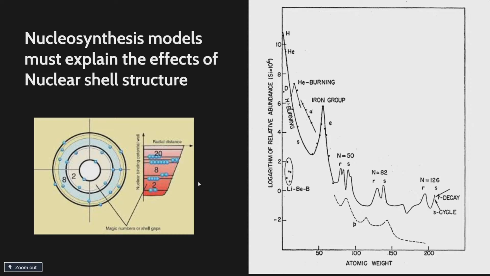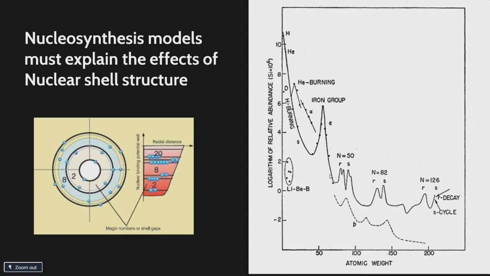That structure is caused by the fact that nuclei have shells, just like electrons have shells, which you might have studied in chemistry class. Closed shells are more stable than shells that have not enough neutrons or protons to fill them. And so that determines a lot about what's going on in the cosmos as well, in the elements.